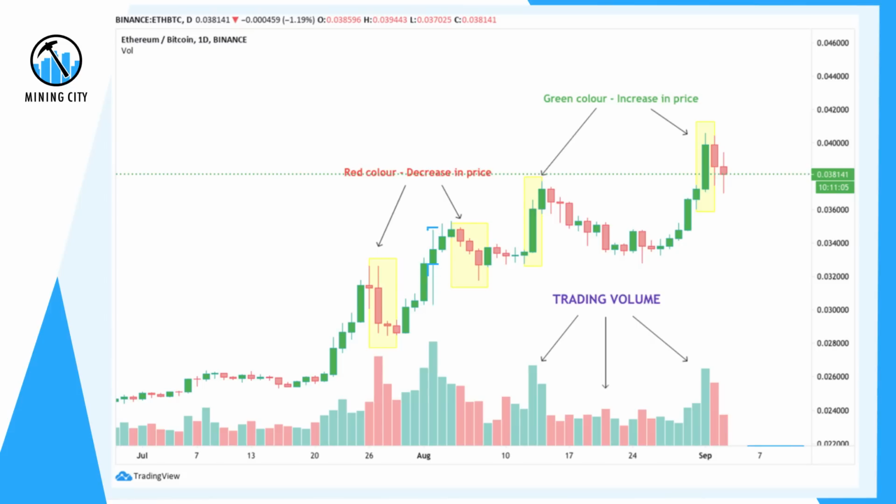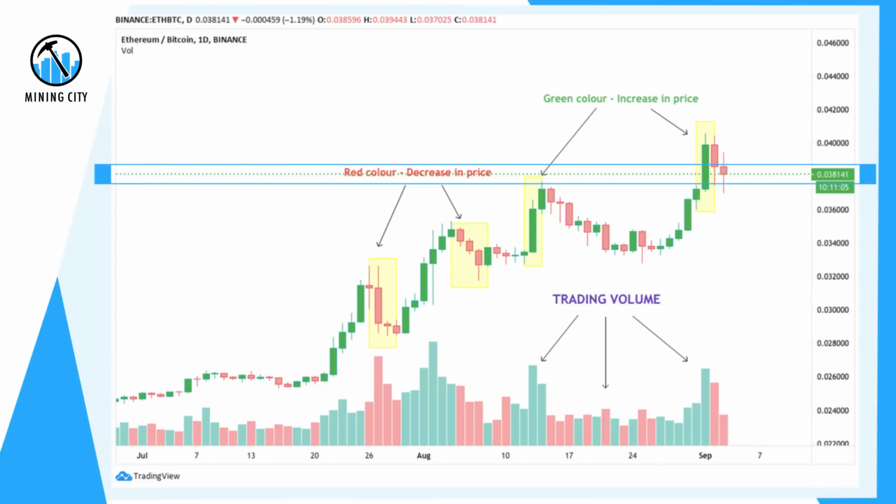The x-axis on the graph shows the timeline, while the y-axis over here represents the price of the asset. So the candlesticks represent the price movement. Green for when it goes up, and obviously red for when it goes down. This horizontal green line here represents the current price of the asset.